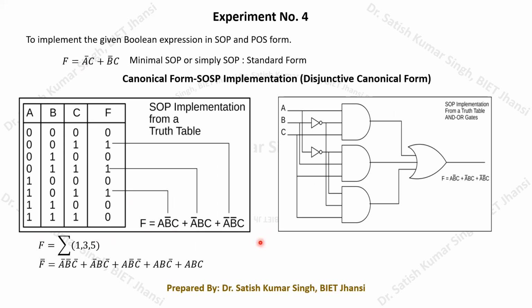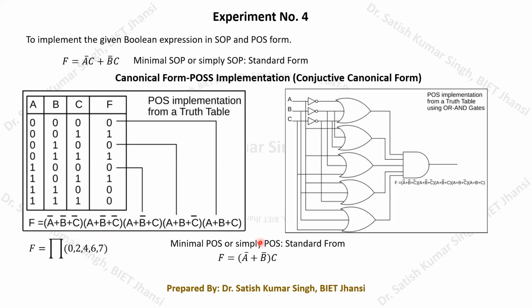Here you can remember one thing: this expression is the minimal SOP form, or simply SOP form. This can be directly implemented, or you can take C common, and write the function f equals a bar plus b bar c, and that is called the minimal POS form, or simply POS form.